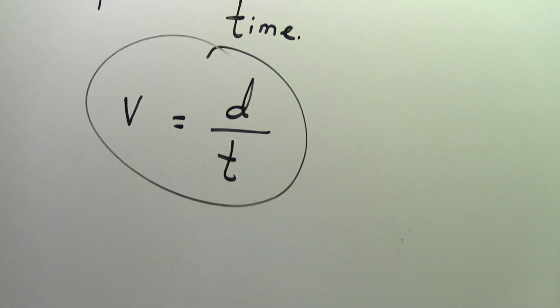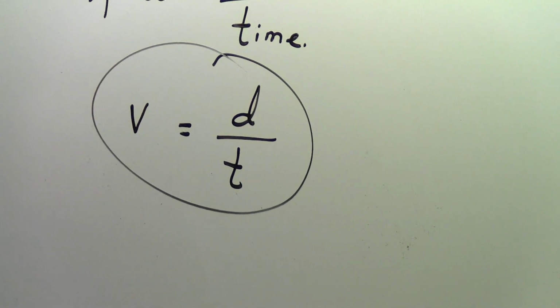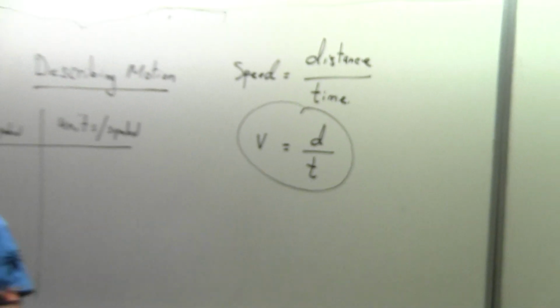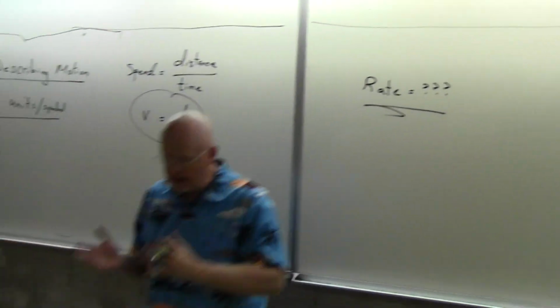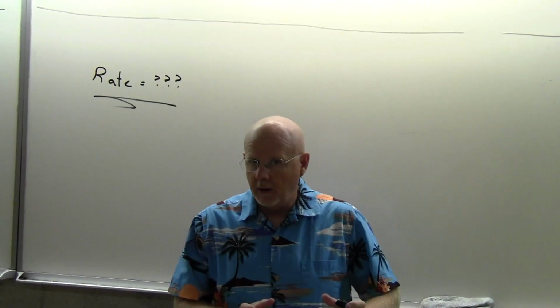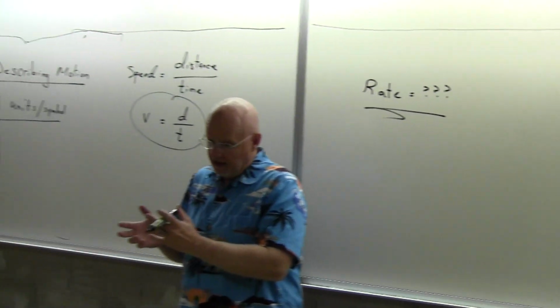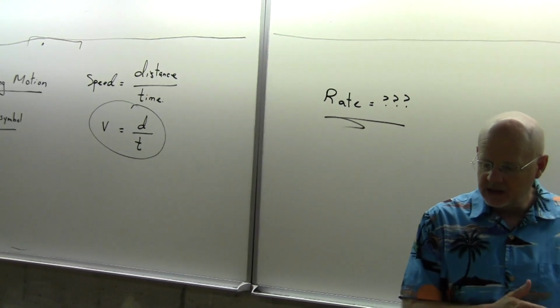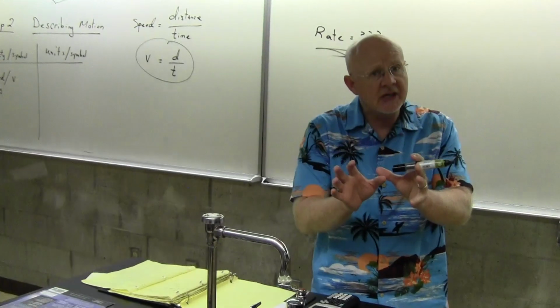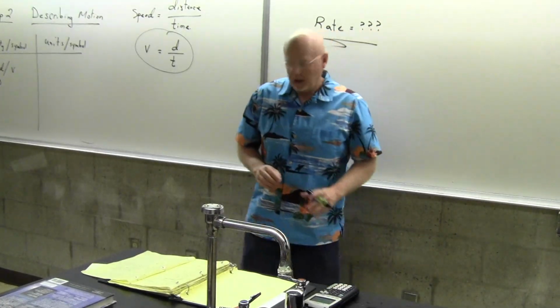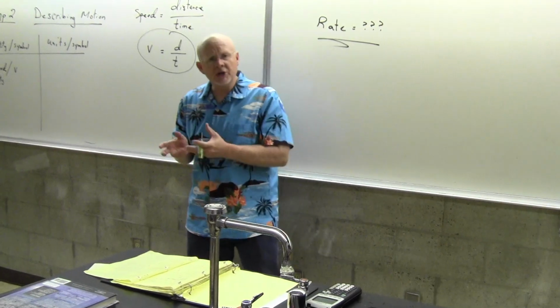And so, again, here is the concept. The concept is as I move across the room, and again, my whole distance is 10 meters. The time is 5 seconds. But something that is related to those two, but it's not quite the same, is this question: what's the rate?